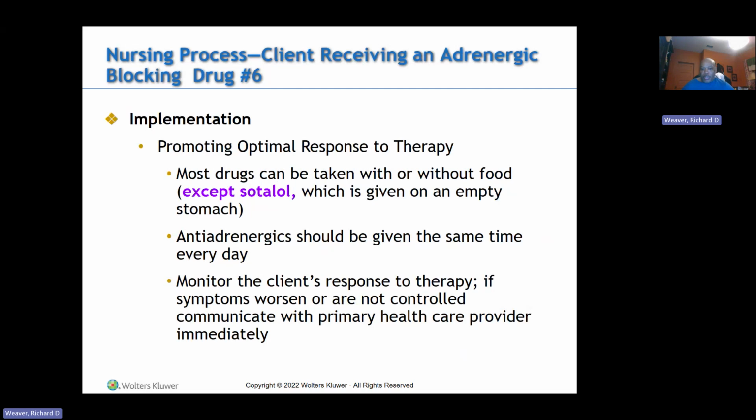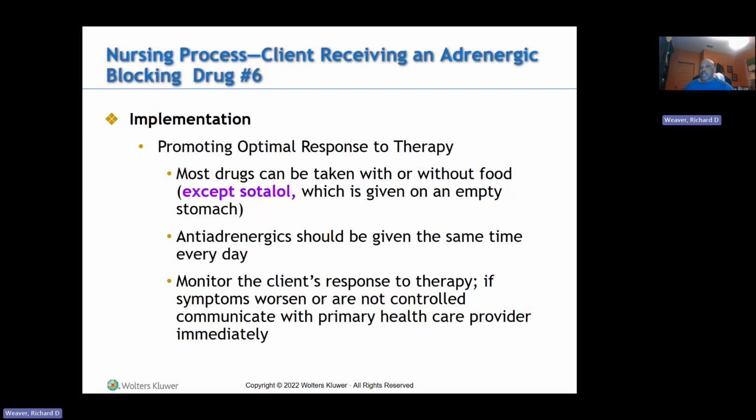It's important to note that the drugs preventing the release of the neurotransmitters, these anti-adrenergic drugs, remember that non-selective alpha and beta types of drugs should be taken at the same time each day because fluctuation in blood levels can affect the blood pressure.